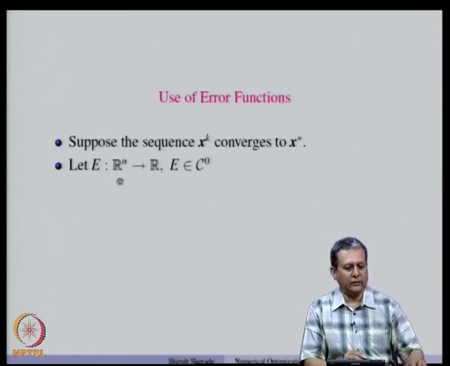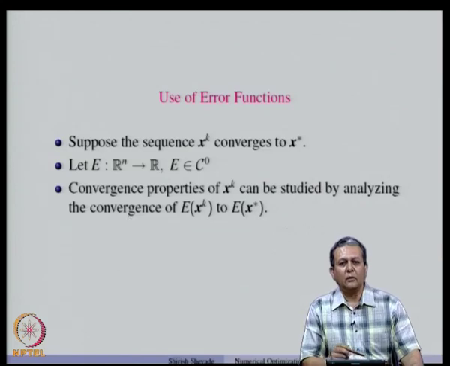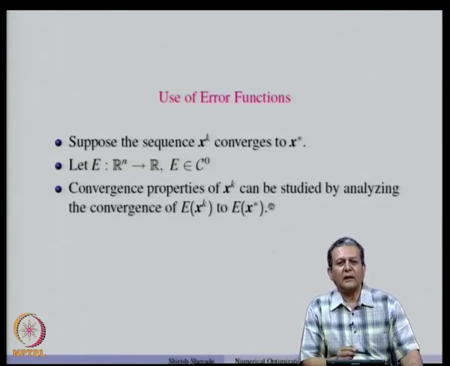Instead of observing the behavior of xk to x star, many times it may be a good idea to observe the behavior of a of xk to a of x star. So, convergence properties of xk can also be studied by analyzing the convergence of a of xk to a of x star.